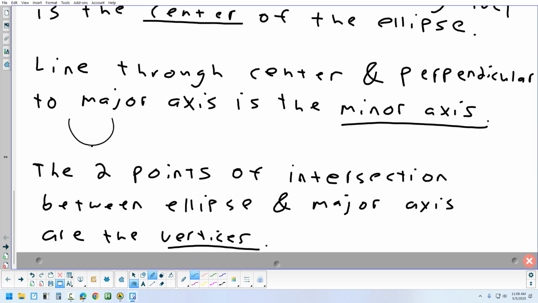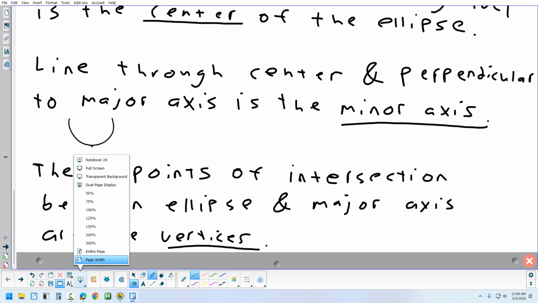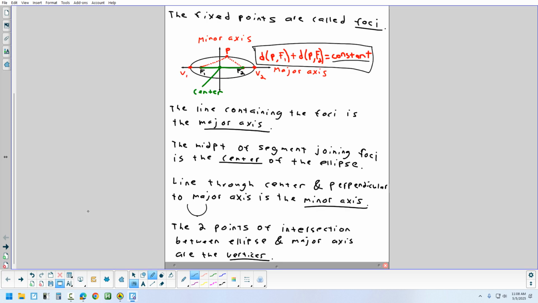Here we have two. I think I covered everything in that picture. Major axis, minor axis, foci, vertices, center. Any questions about any of those terms?